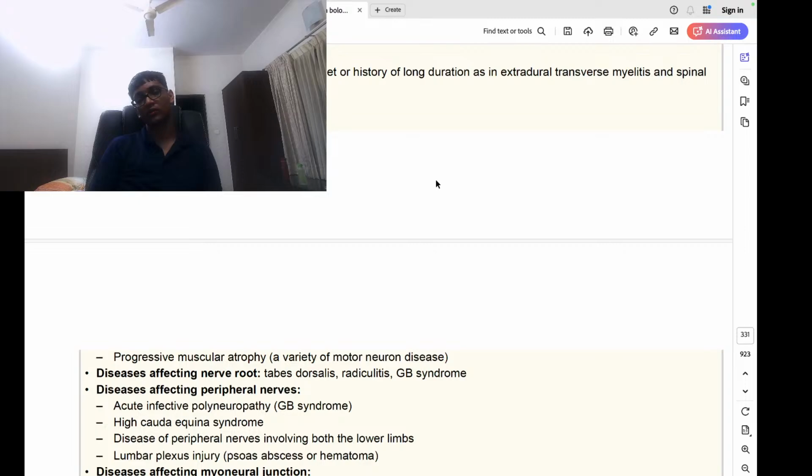Diseases affecting the nerve root: radiculitis, GB syndrome. Diseases affecting peripheral nerves: acute infective polyneuropathy, GB syndrome, high cauda equina syndrome. Diseases of peripheral nerves involving both lower limbs: lumbar plexus injury, psoas sepsis or hematoma.